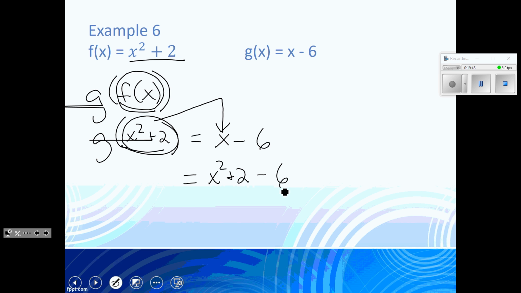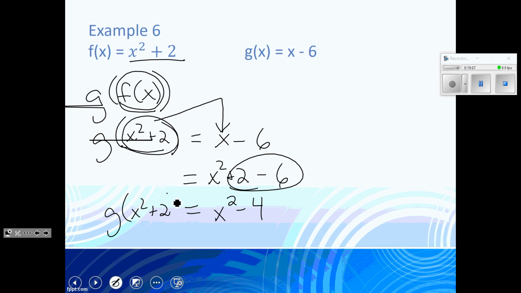Then how could I simplify it? You can combine 2 minus 6, so x squared minus 4. So g at x squared plus 2 is equal to, when the input is x squared plus 2, the output is x squared minus 4.